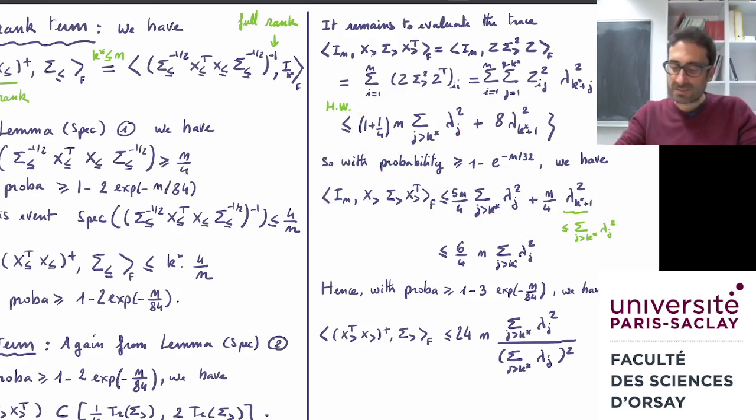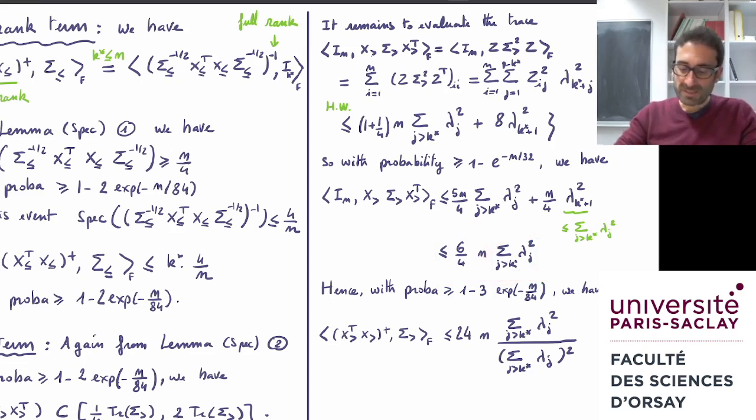All right, so here I will just use a very crude bound. I will upper bound this by the sum. So I upper bound lambda k star plus 1 squared by the sum over all the j larger than k star of the lambda j squared. So it's quite crude. So at the end, I obtain that this term is upper bounded by 6 over 4 n times the sum of the lambda j squared.